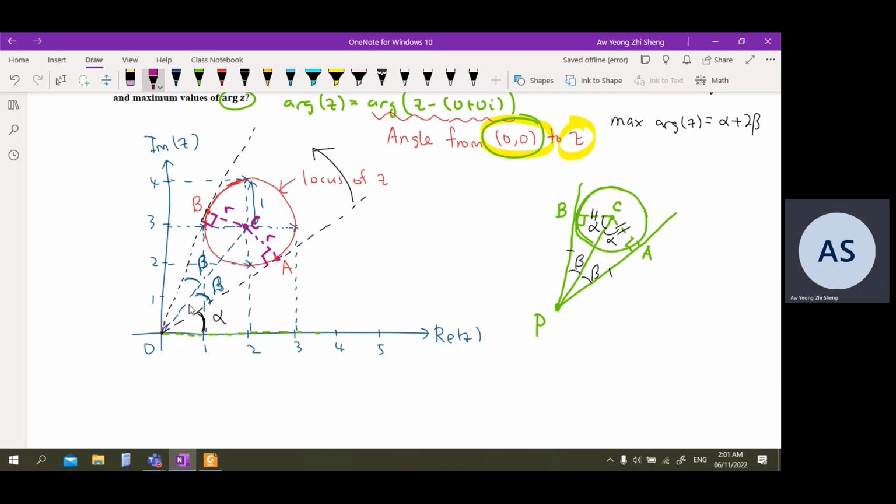To get beta, you know the radius is 1, and C has known coordinates of (2, 3). So you can easily get the distance OC as square root of 2 squared plus 3 squared.